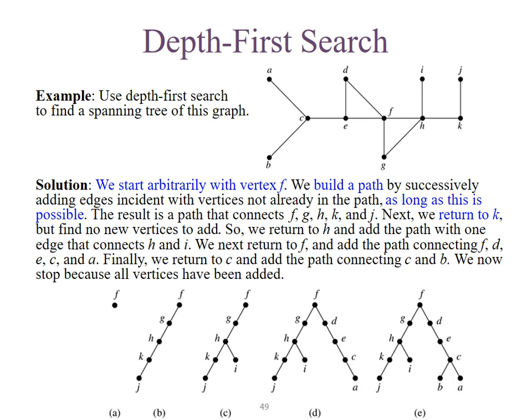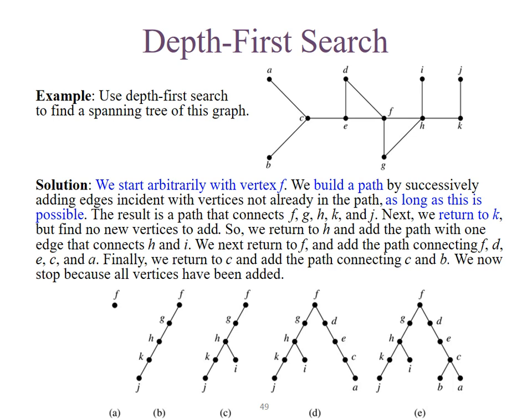We create the first tree by this algorithm. So let's see the following figures. If we visit graph from F, then F, G, H, and J is the first path we visit as long as possible.